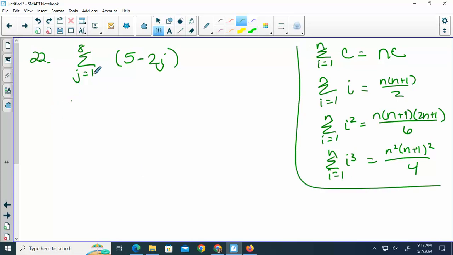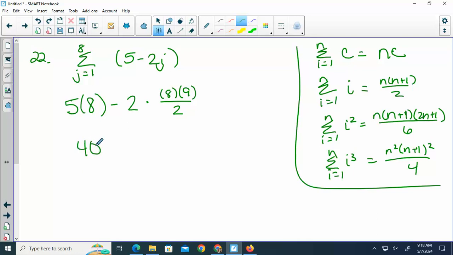If I add 5 up a total of 8 times, that becomes 5 times 8 minus 2. All right, if I'm going to add this up 8 times, it's a j to the first. So it's n, what's my n? Times n plus 1 over 2.